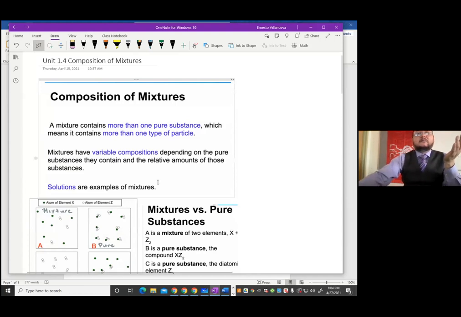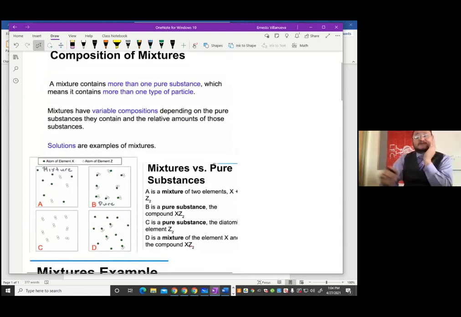Okay, so down below we have a couple of examples. You can see in the first mixture we have 2 distinctly different particles. This would be considered a mixture because there are 2 different types.